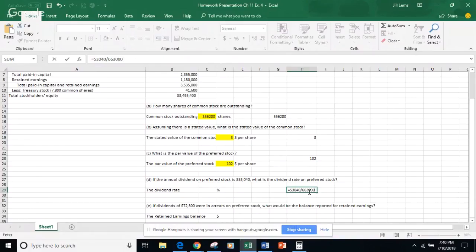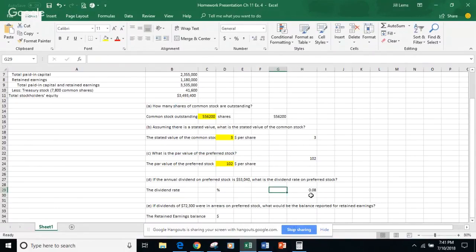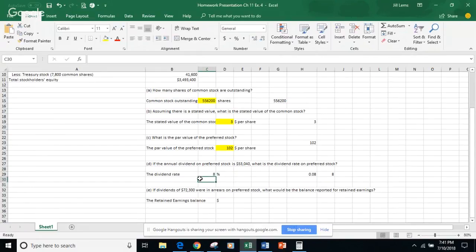Then we multiply that by 100. That's going to give us 8%. The dividend rate is 8%.